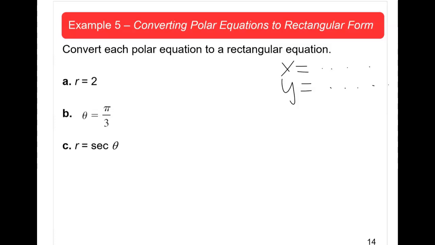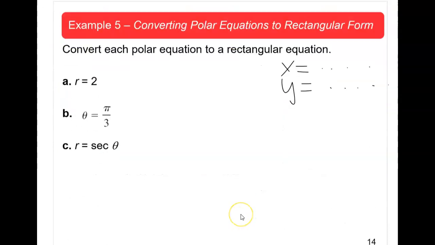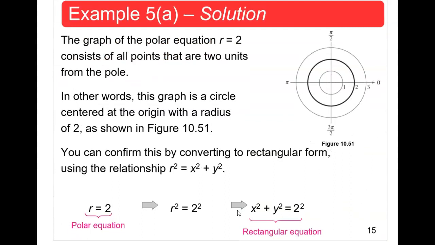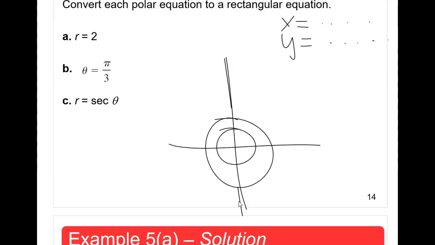So the very first one is only defined in terms of r. Remember, I told you that was okay. You don't have to have both variables all the time, r and theta. So if we had just r equals 2, imagine that you have your polar graphing paper.